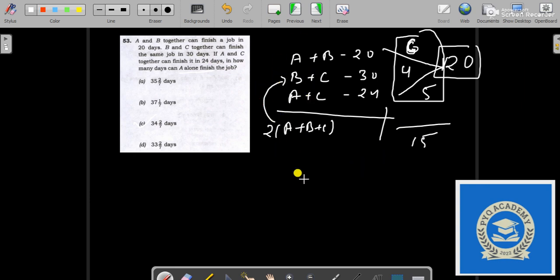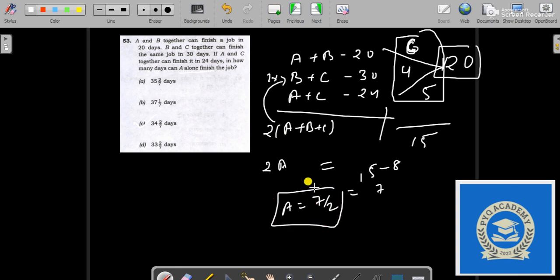So we will get, by multiplying 2, 2A here. And on this side we will get 15 minus 8, that is 7. So A equals 7 by 2.